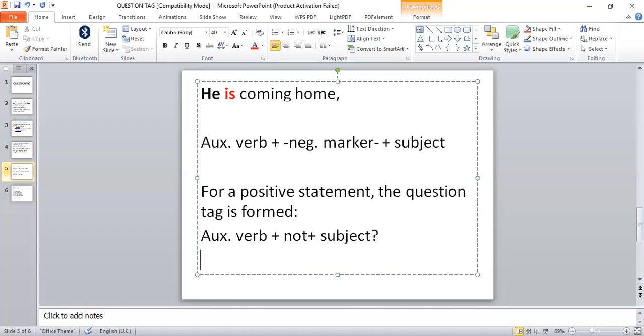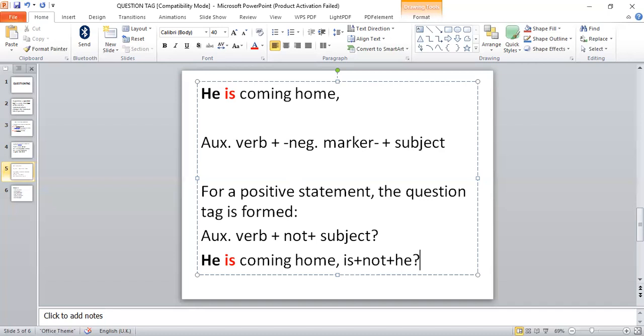So if I'm going to apply this formation to the sentence we have above, I'm going to be having this, and then my tag will be bringing my auxiliary verb, is, plus not, plus he, which is my subject, and then I have my question mark.